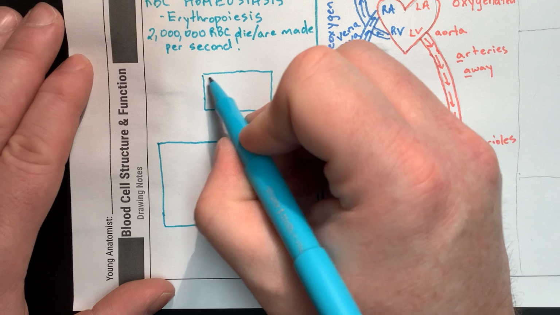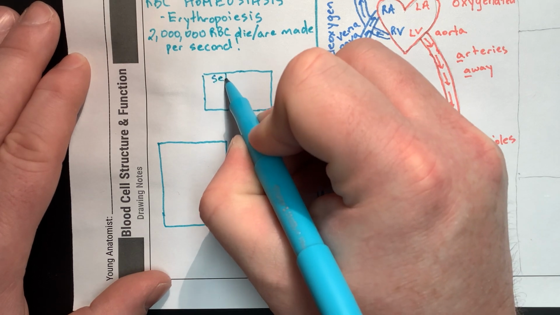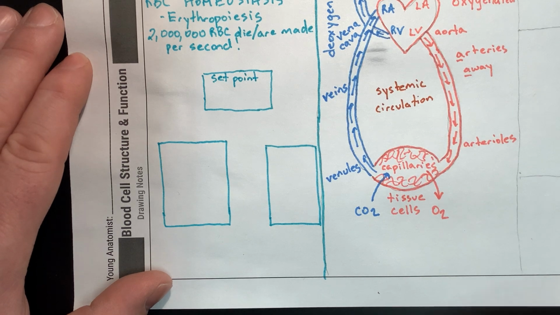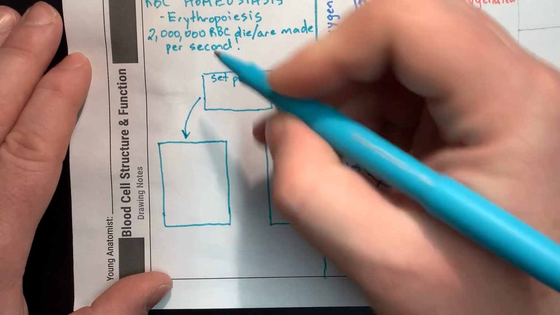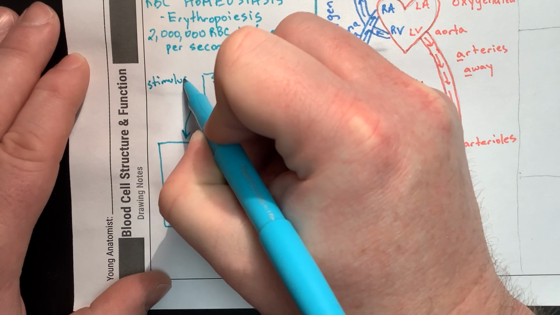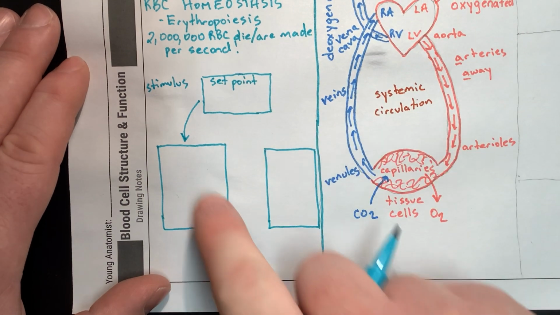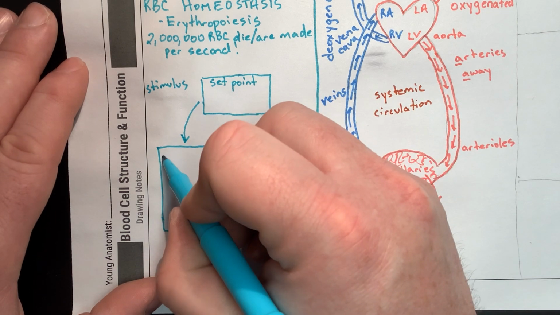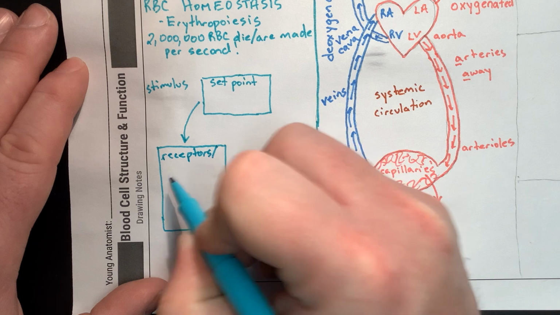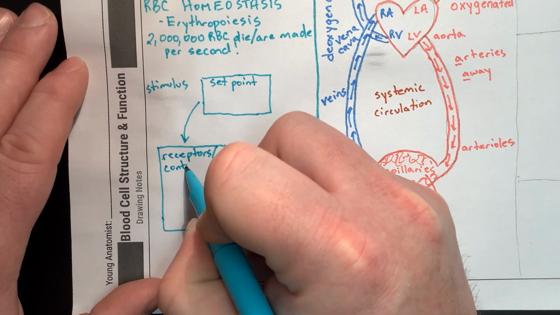Anyway, so our components are going to be set point. We remember this. Then we've got our stimulus. In erythropoiesis, the receptor and control center are considered the same thing. So receptors and control center.